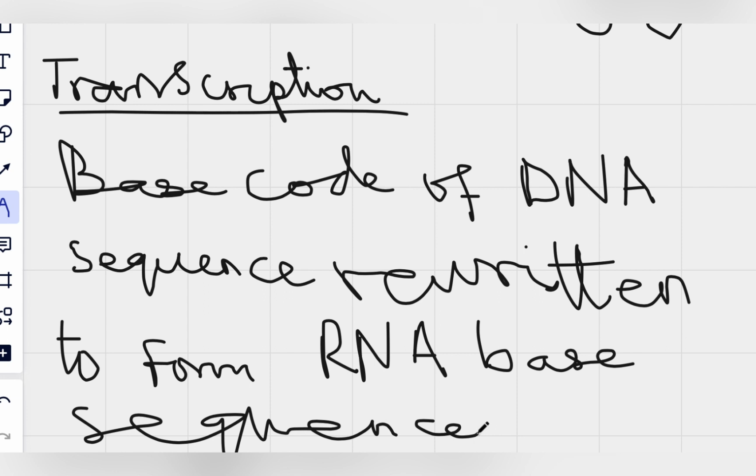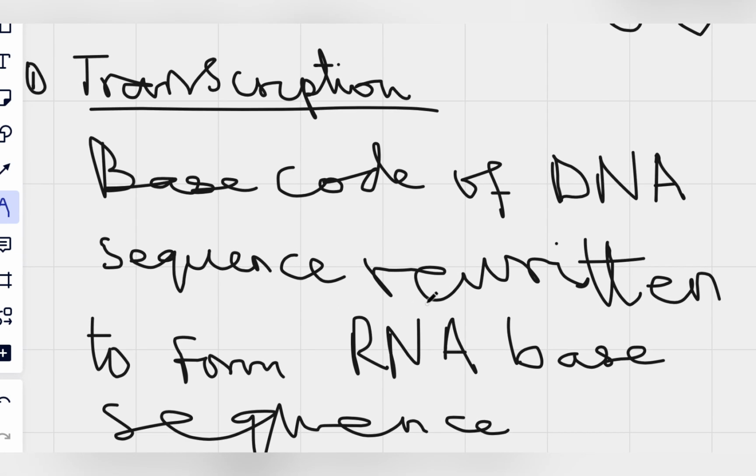When the base sequences combine like this, they form a DNA, and they form an amino acid, a series of amino acids, and this series of amino acids forms a protein. Now, before we get there, the first process is called transcription.